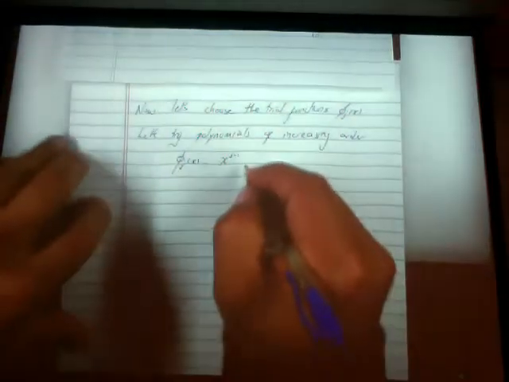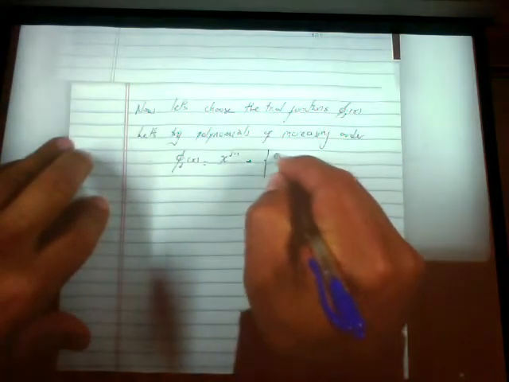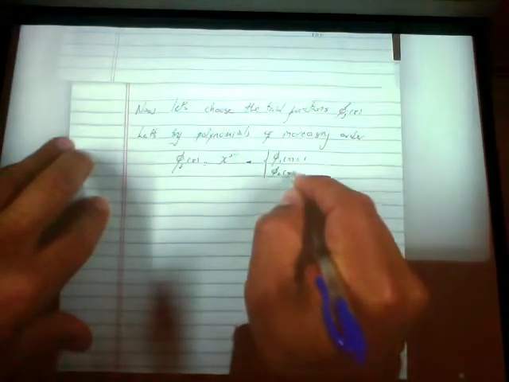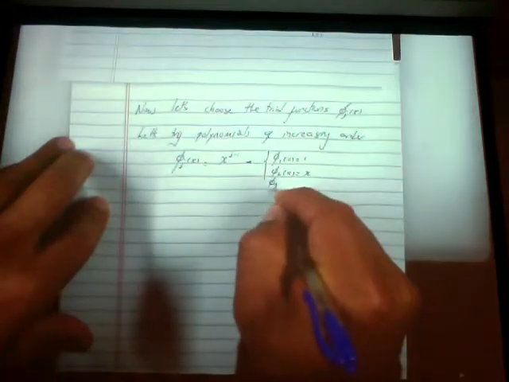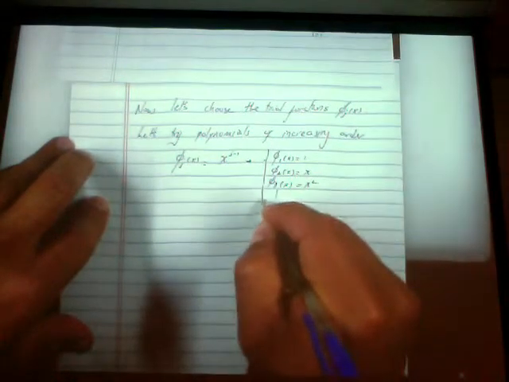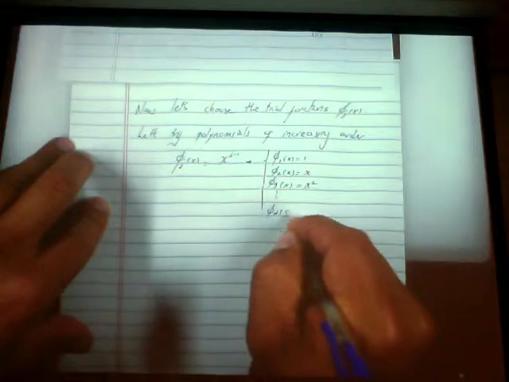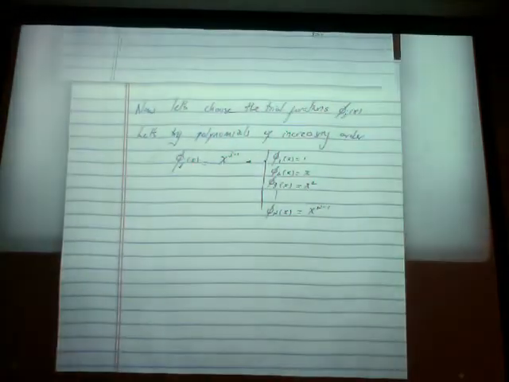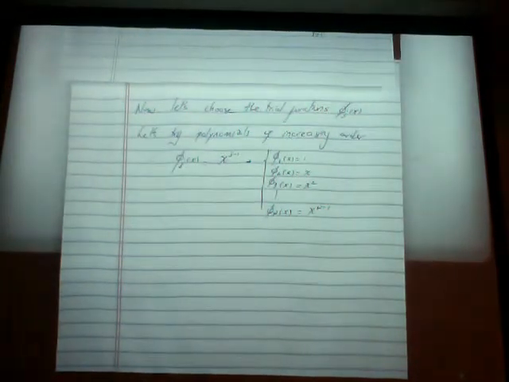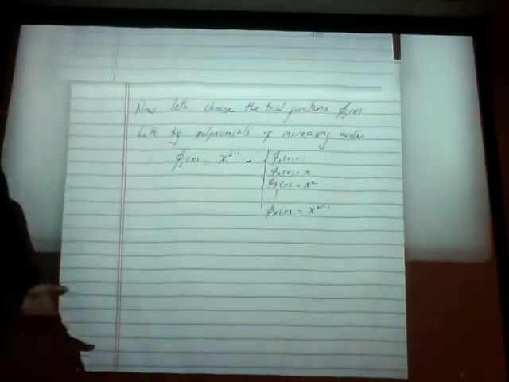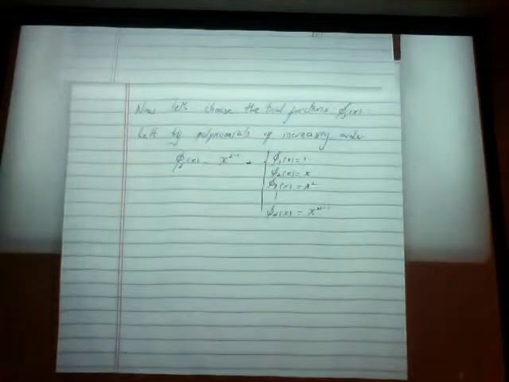Therefore, you can see here, phi 1 of x is equal to 1. Phi 2 of x is equal to x. Phi 3 of x is equal to x squared. So on and so forth, all the way to phi n of x equals x to the n minus 1. So if we decide to use 20 collocation points, we're going to have polynomials all the way to order 19. And those are guaranteed to be independent of each other.